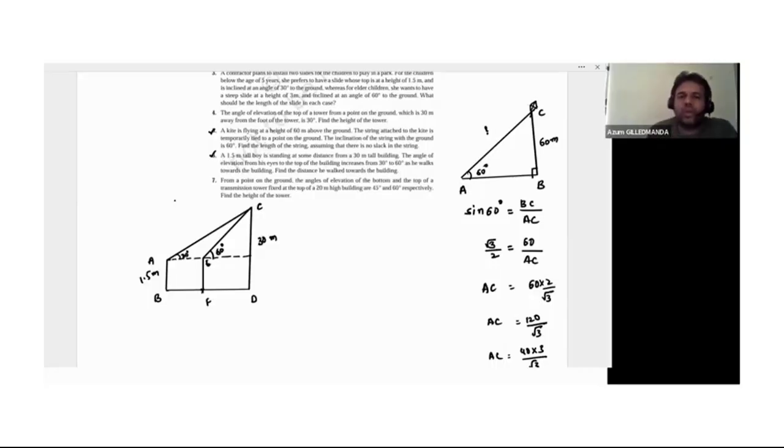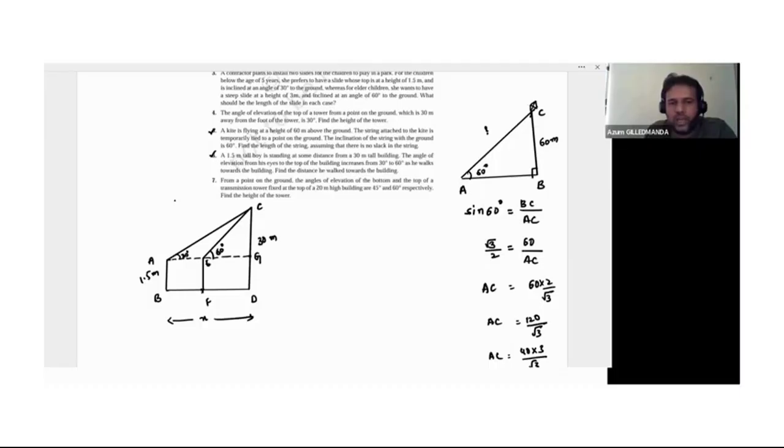So now there are two triangles here. Which are the right angle triangles? I would depict this point on EF as G, the horizontal point, right? So initially, let's assume the distance between the boy and the building, which is not given, is some x meters, and he walked some distance. That distance also we don't know.